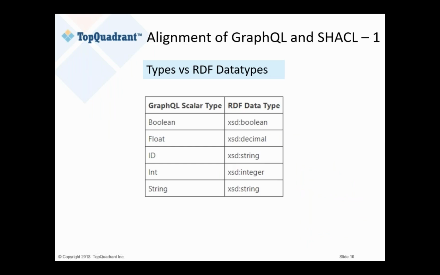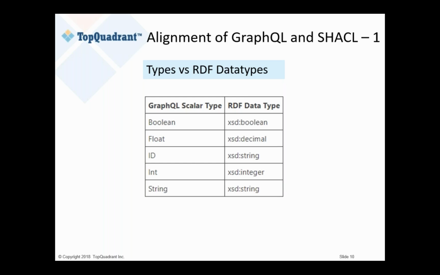All right, so in the next few slides, I'm just briefly touching on the relationship between GraphQL and the RDF worlds and Shackle in particular. And I'm going to start with, at the most basic level, in GraphQL and in JSON, there's really just a handful of data types that are available: Booleans, floating points, integers, strings.